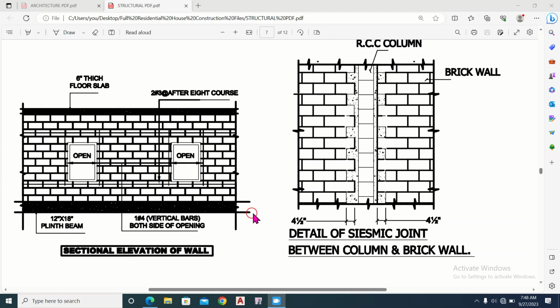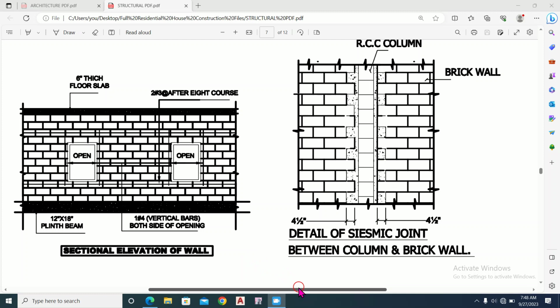So now we have to discuss the detail of seismic joint between column and the brick wall. As you can see, this is the brick wall and here this is the column.